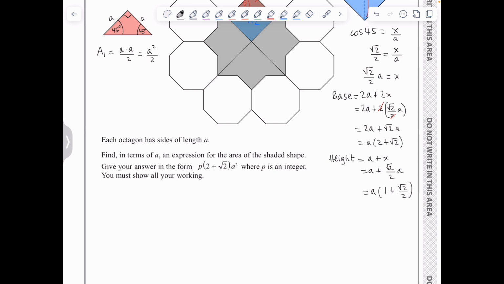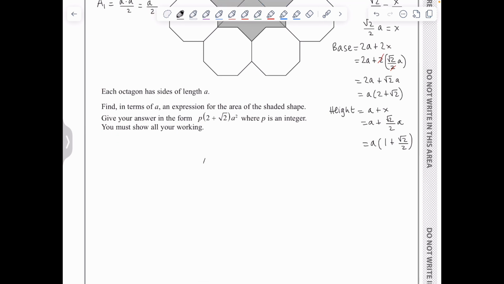And therefore the area A2, the area of the big blue triangle, is going to be base, which is a times 2 plus root 2, times the height, which is a times 1 plus root 2 over 2, all over 2. So base times height over 2. And then I will proceed into expanding. Now a times a is a squared. Now 2 times 1 is 2.